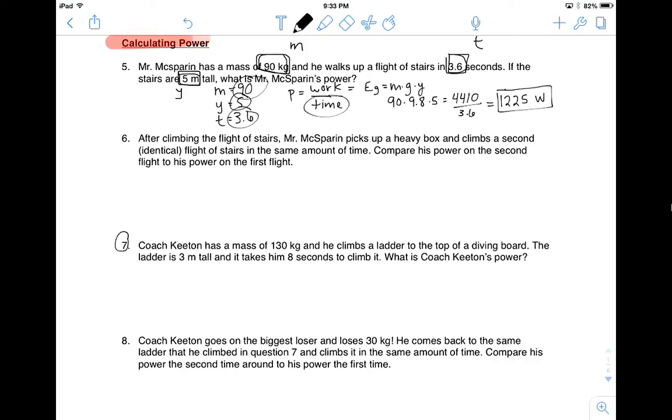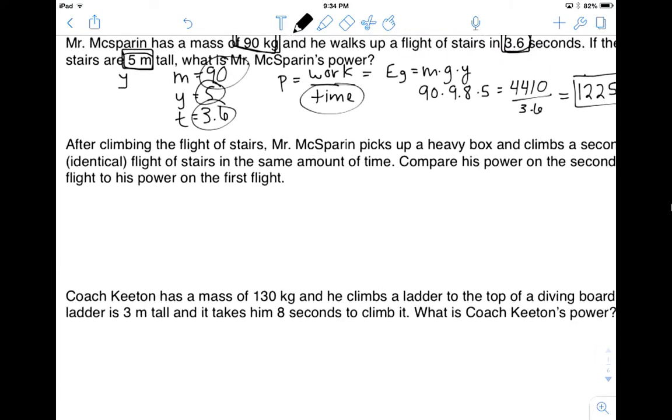Okay, number 6. After climbing the flight of stairs, Mr. McSparron picks up a heavy box and climbs a second identical flight of stairs in the same amount of time. Compare his power on the second flight to his power on the first flight. Okay, so let's think about this. He did the first flight, just him.